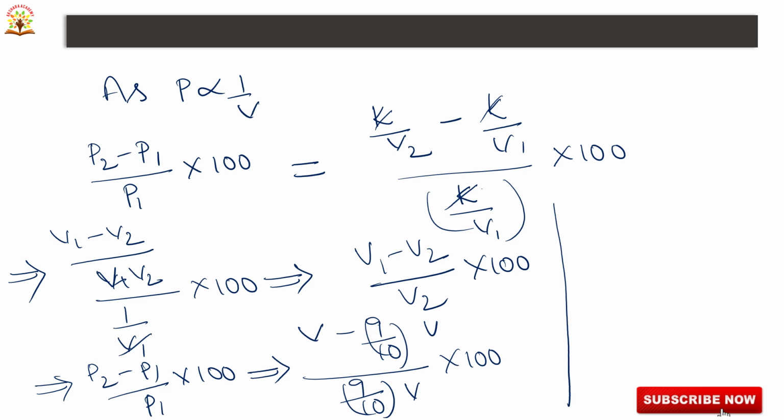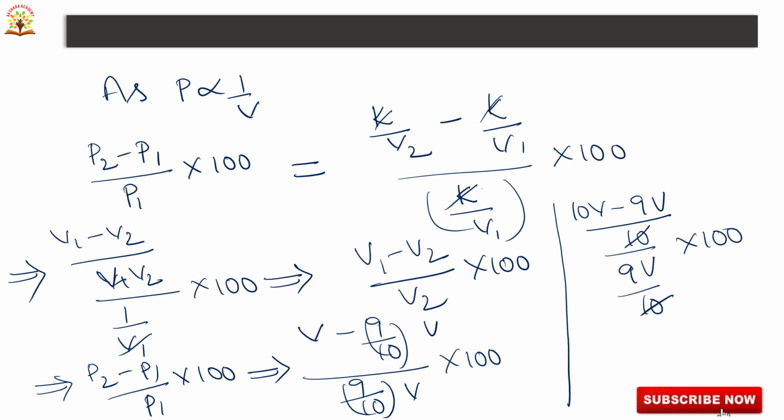So V gets cancelled. Taking LCM, 10V minus 9V by 10, by 9V by 10, into 100.